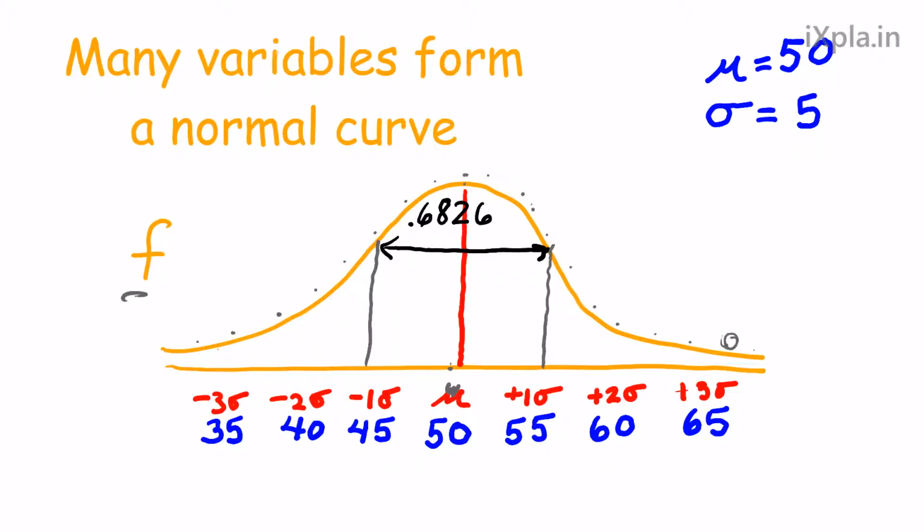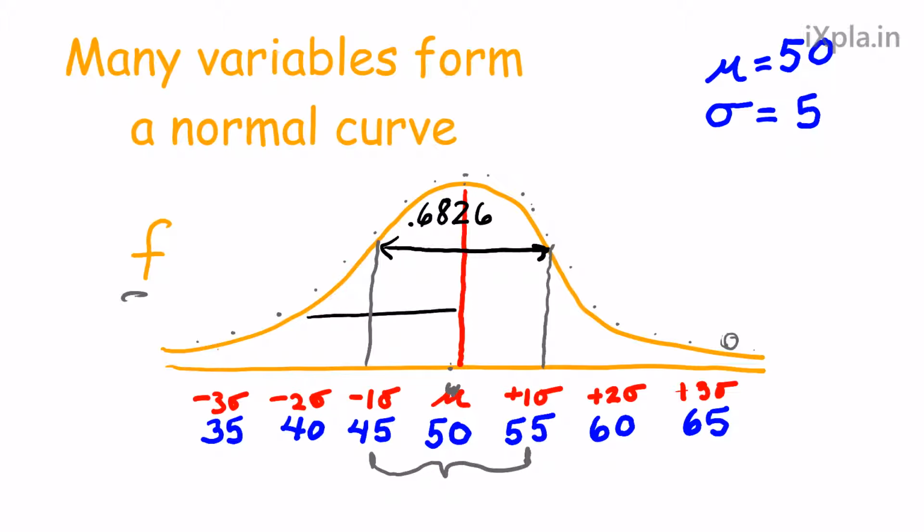So in other words, 68% of all scores are between 45 and 55. 68% is between the score of 45 and 55, or between 1 standard deviation below the mean and 1 standard deviation above the mean.